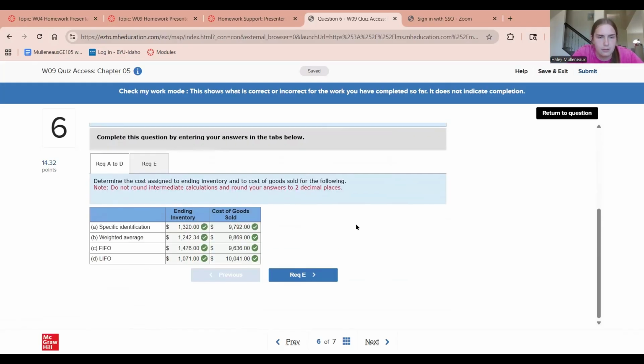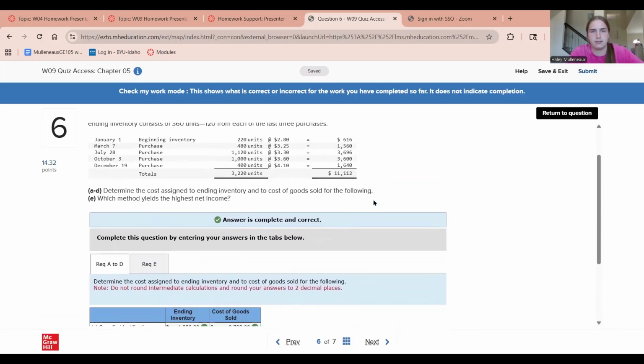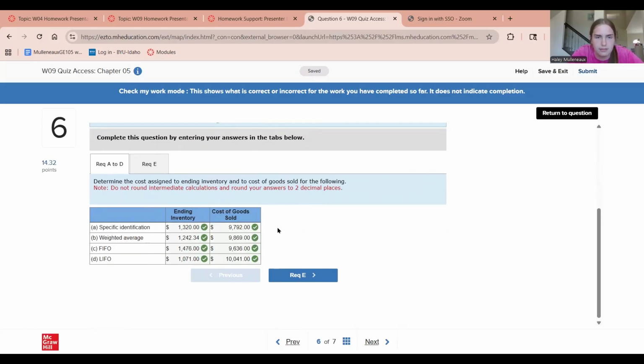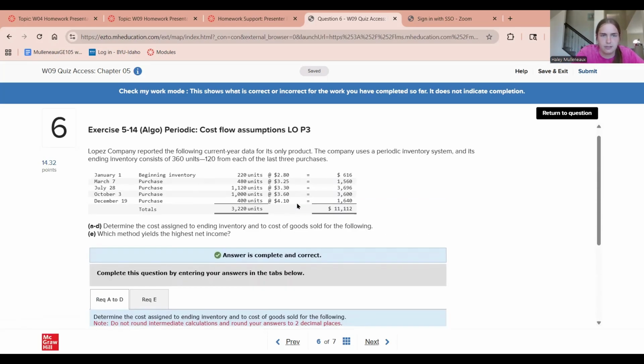That adds up to equal 1,476. And then to find cost of goods sold, we take 11,112 and we subtract 1,476, and that equals 9,636.